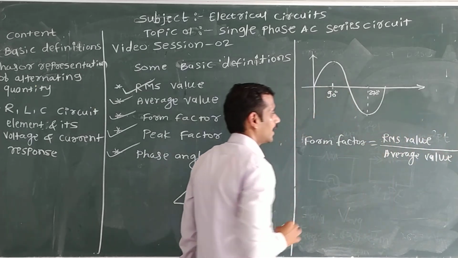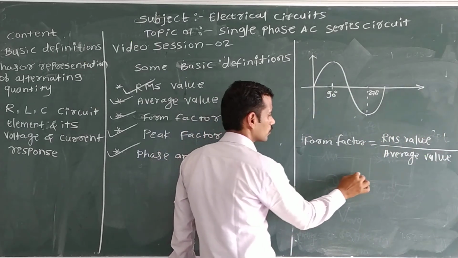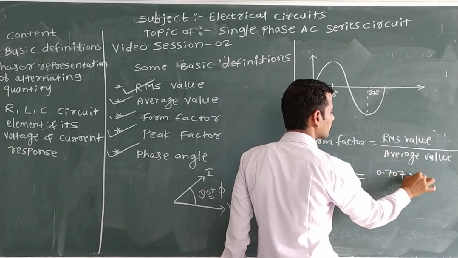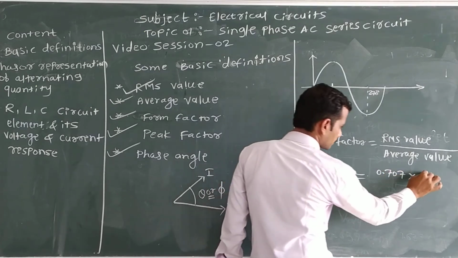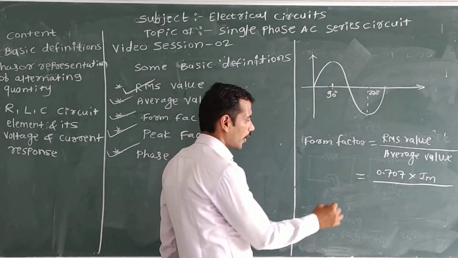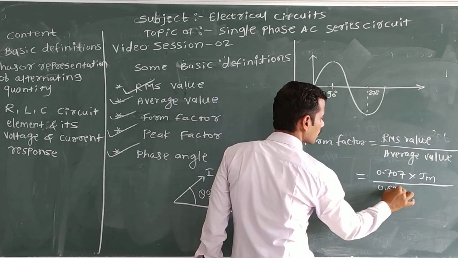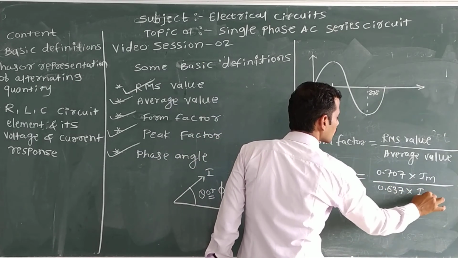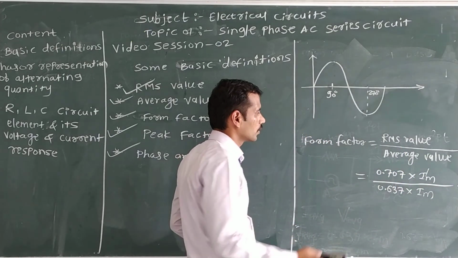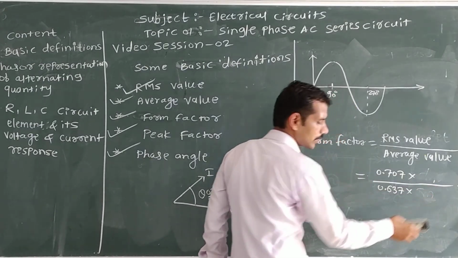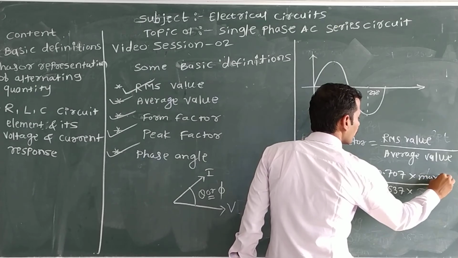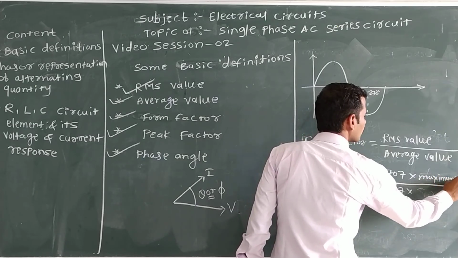We have seen the RMS value and average value formulas. RMS value is 0.707 into IM, and average value is 0.637 into IM. Here IM is the maximum value.